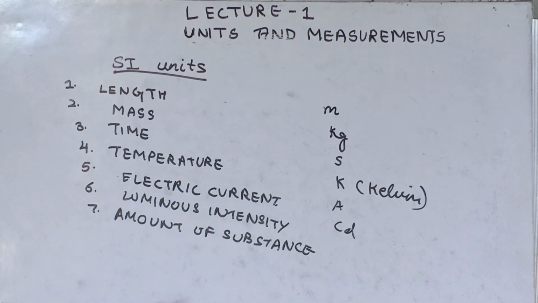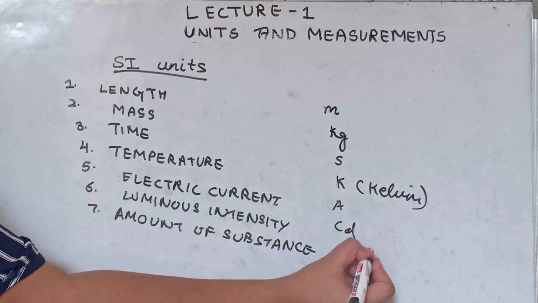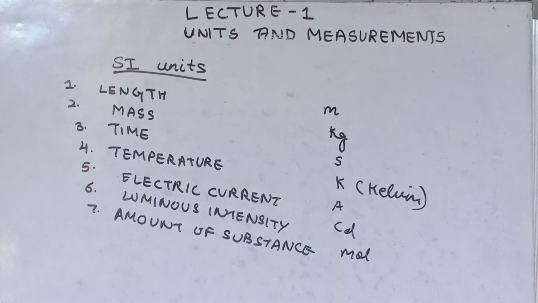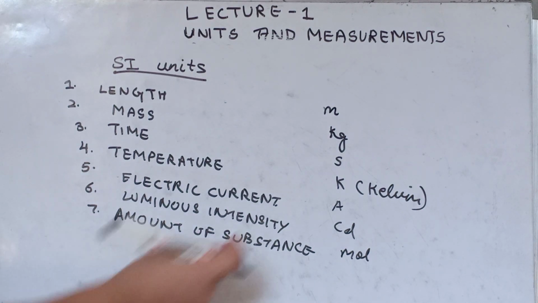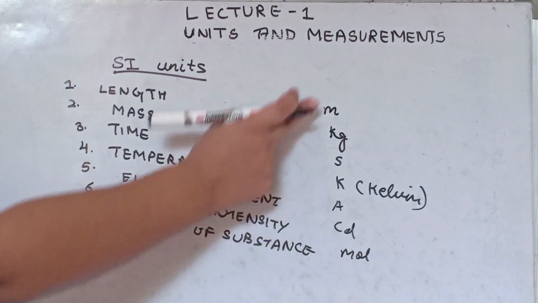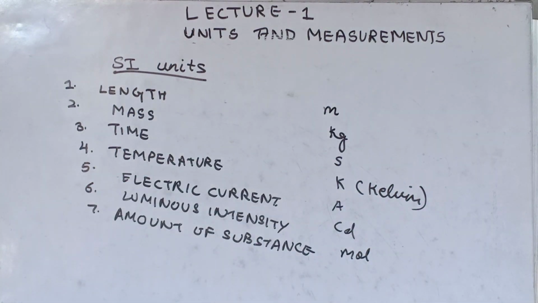Amount of substance, mole, represented as mol. So whenever we define any law of physics, we define it in terms of these 7 physical quantities, and the units we use are these 7 units. Only these representations are going to be used for further calculations.